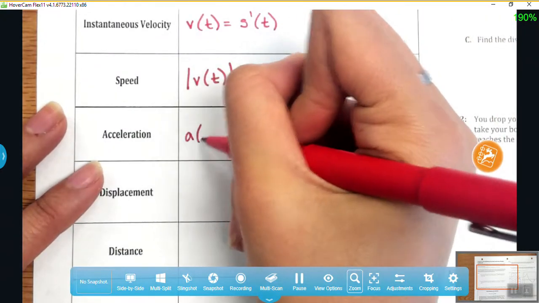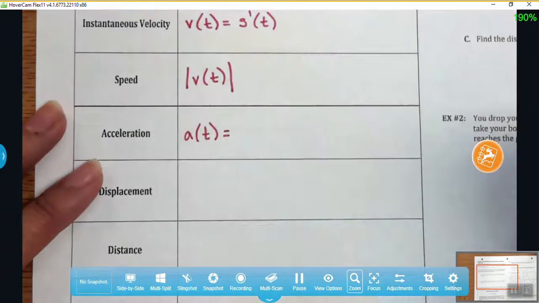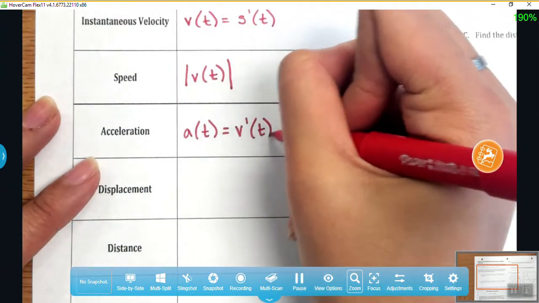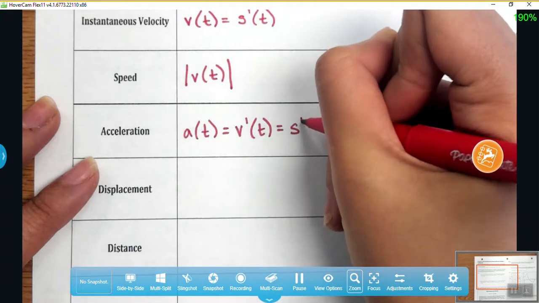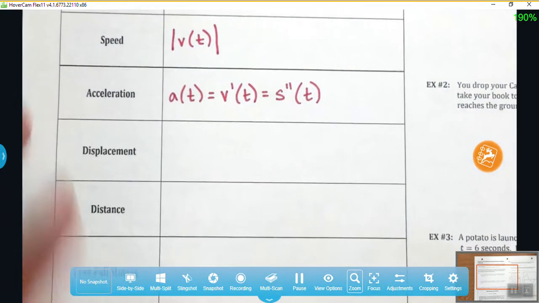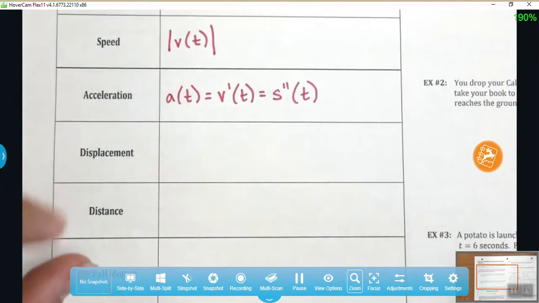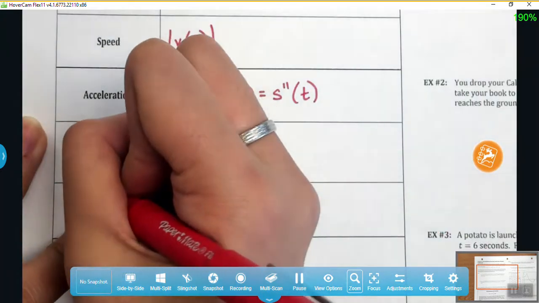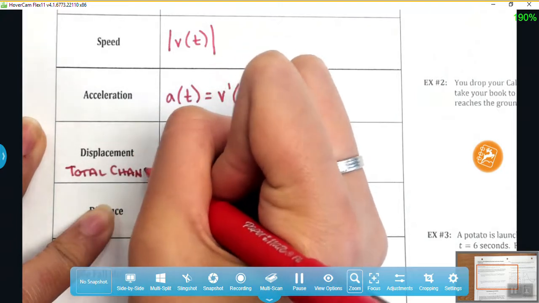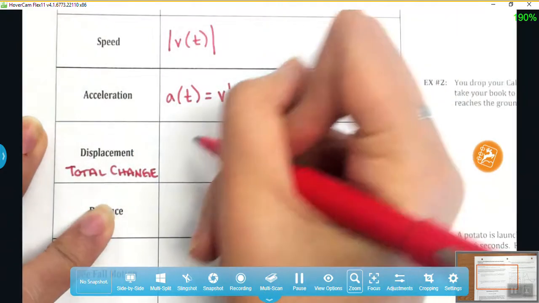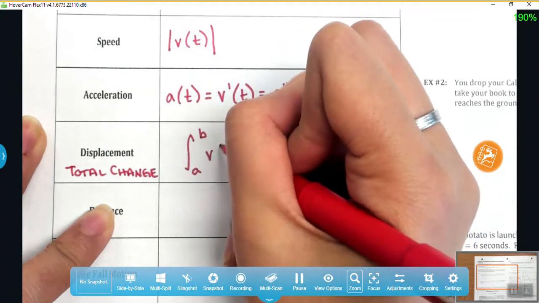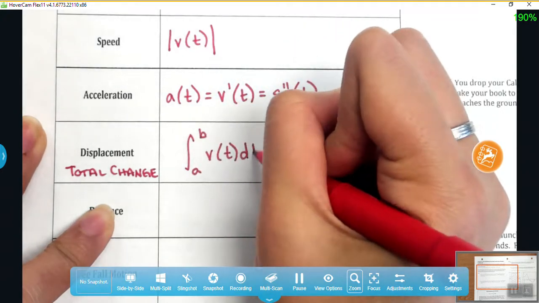Acceleration is the derivative of velocity or the second derivative of position. Displacement is total change. So that is just the integral from A to B of v of t dt.